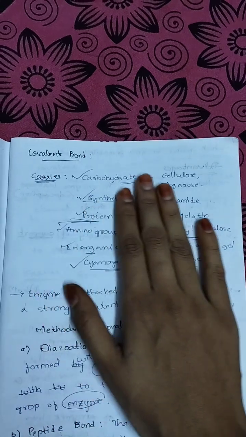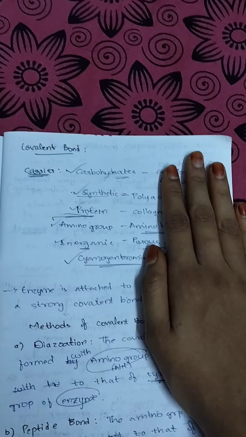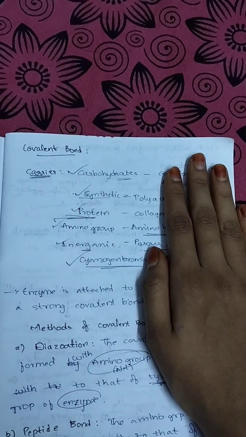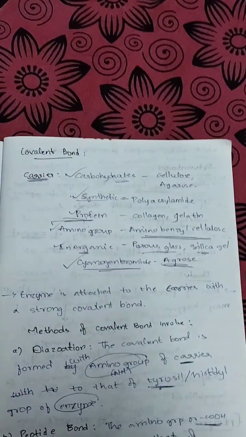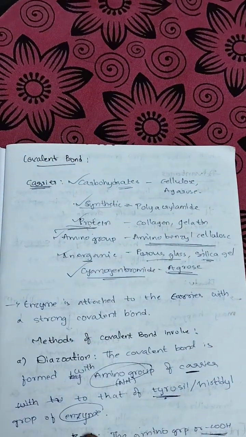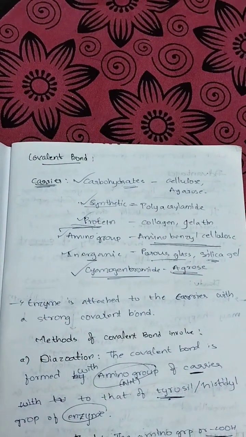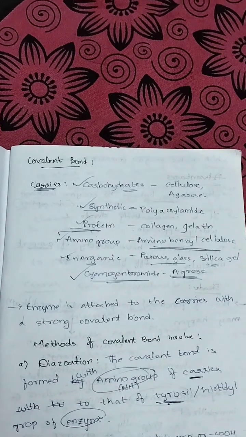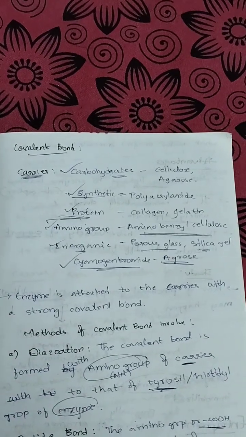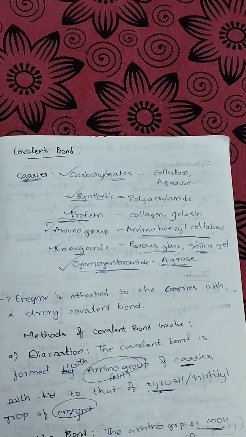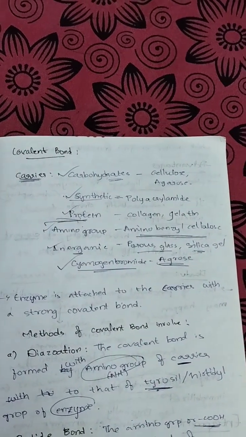In the covalent bond process, the carriers involved are carbohydrate, synthetic, protein, amino group, inorganic, and cyanogen bromide.